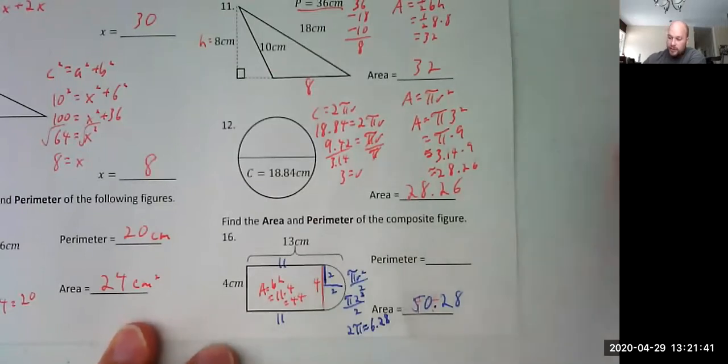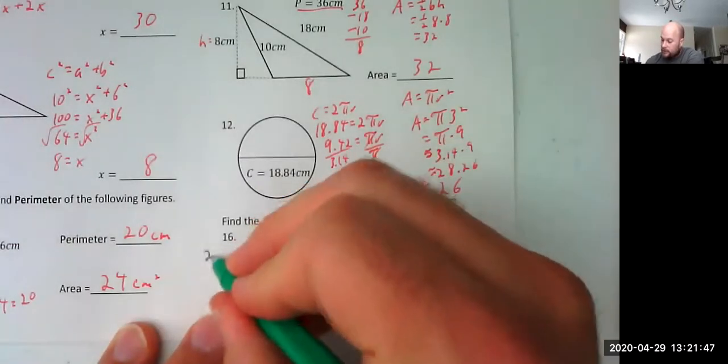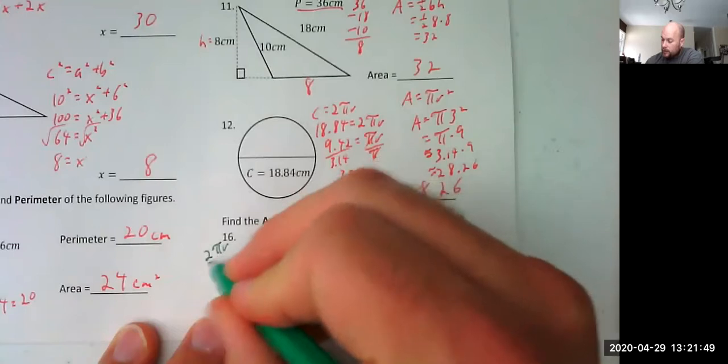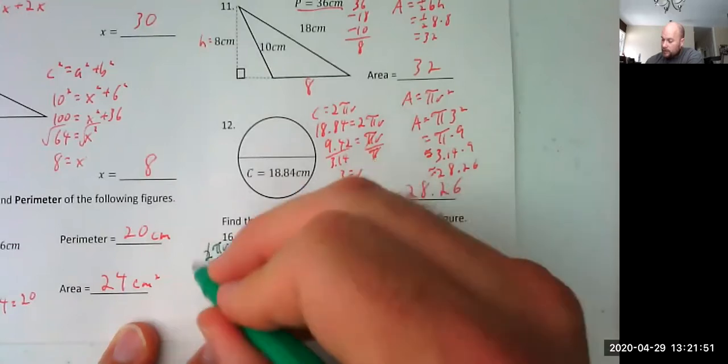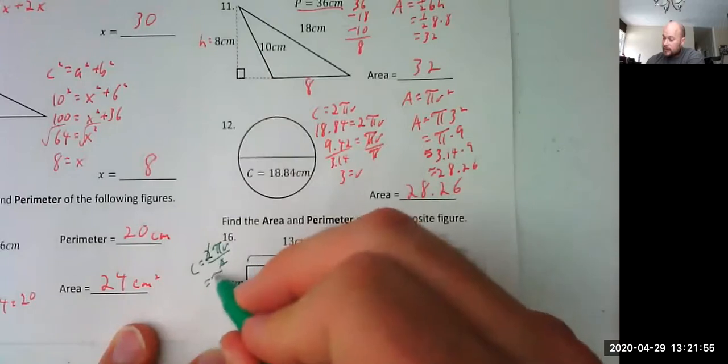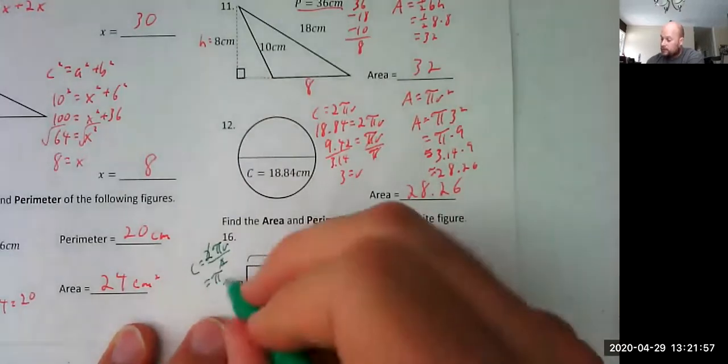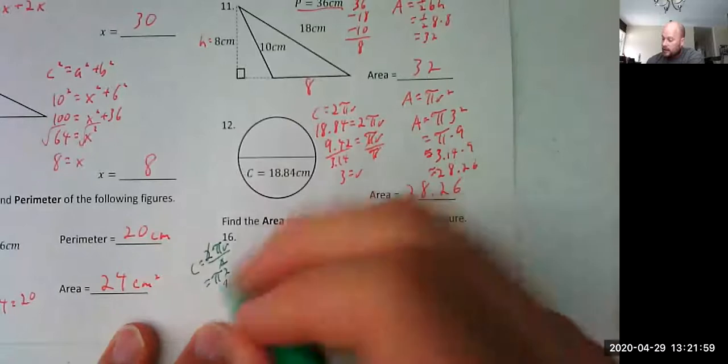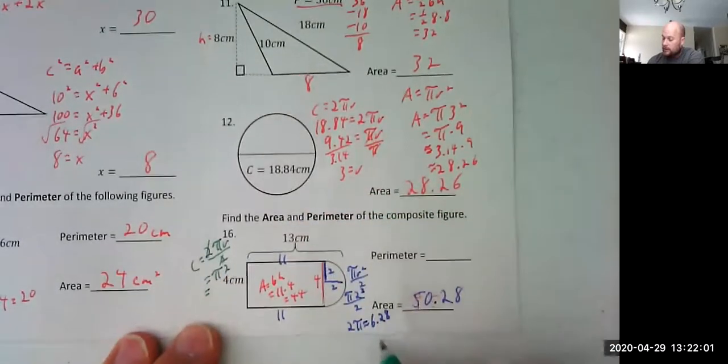So let's do that off to the side. We're going to do half the circumference, so 2 pi r divided by 2. So that means that that's canceling off. So it's just pi times the radius, which is 2, and 2 times 3.14. Hey, that looks familiar.